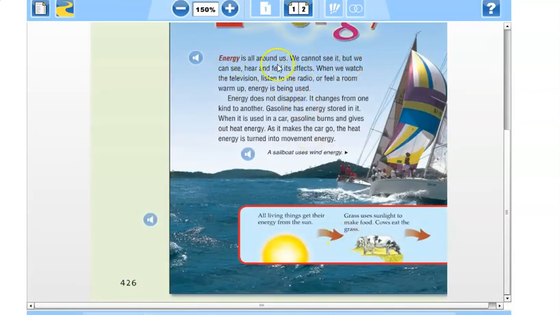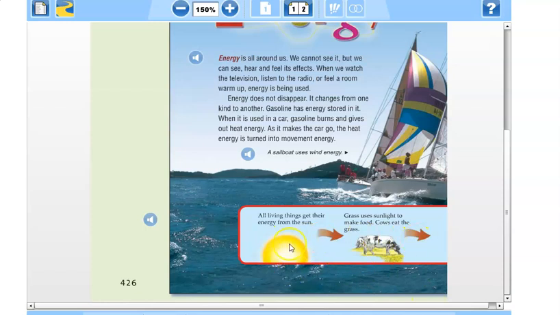We cannot see it, but we can see, hear, and feel its effects. And there's the example of being able to feel the energy and see the pinwheel and feel the blowing of air moving it. That would be the energy.